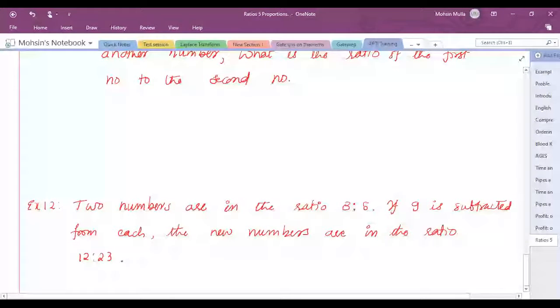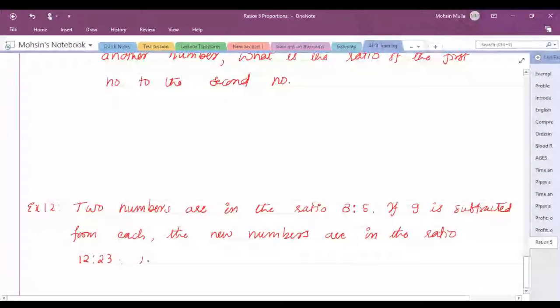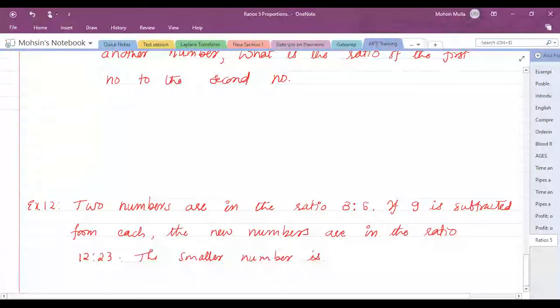The smaller number, that is the first number, is? The options also are written.